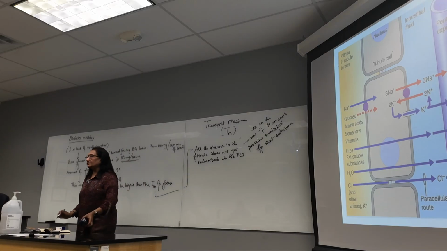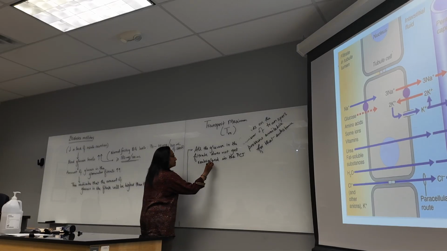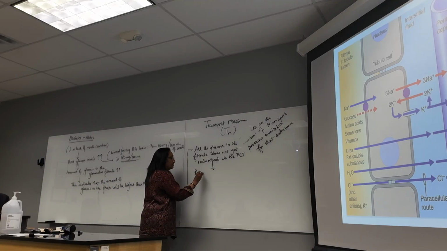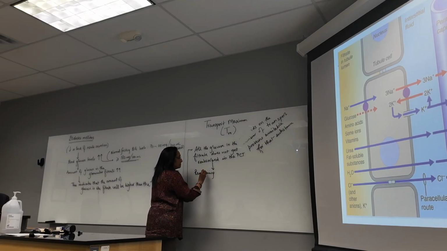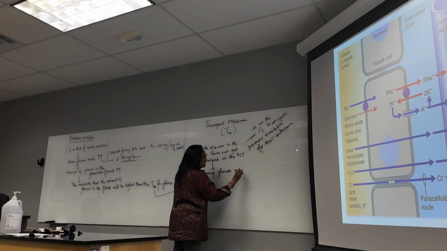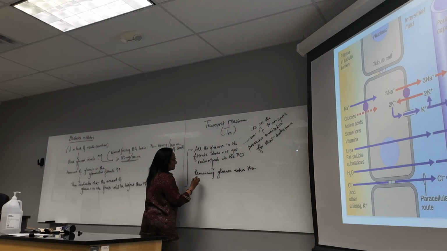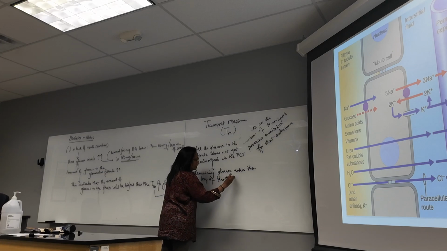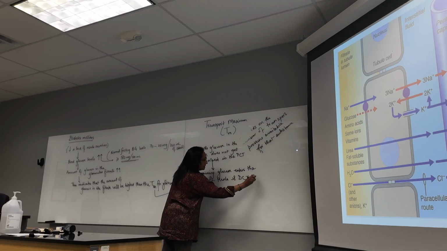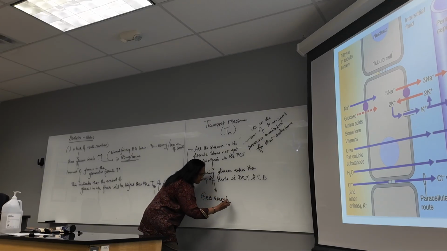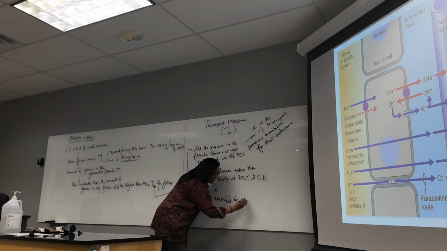So all of it cannot get reabsorbed. The remaining glucose enters the loop of Henle and DCT and collecting duct and gets excreted in urine.